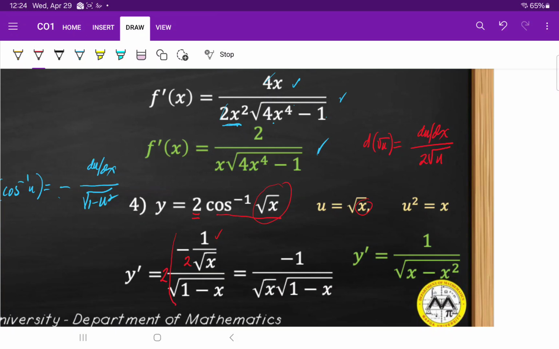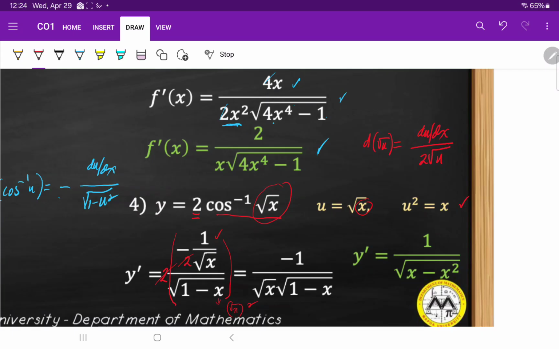Because this is your du dx over 1 minus u squared. So when you square the square root of x, it becomes x. So when you simplify, this cancels out.